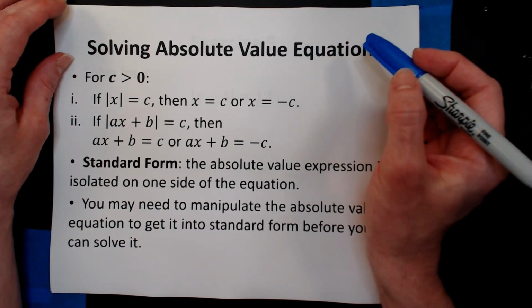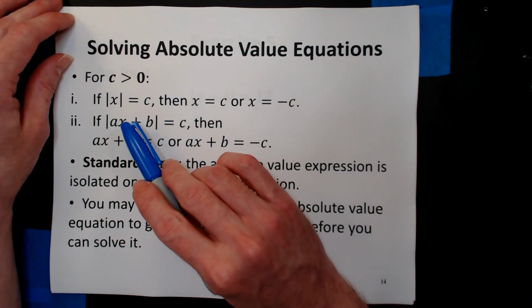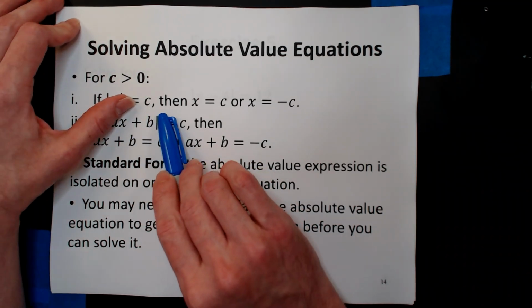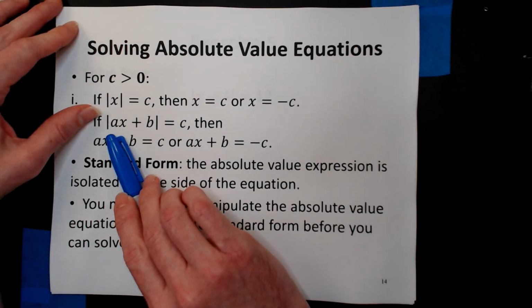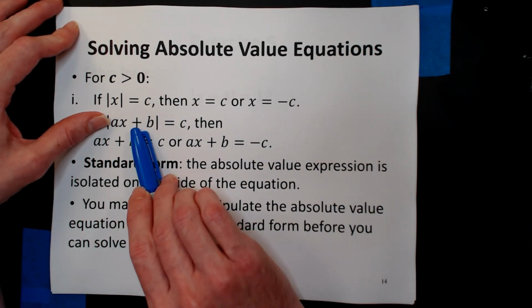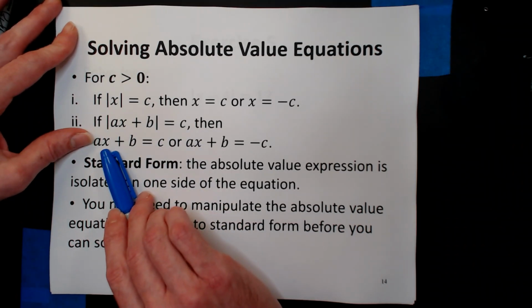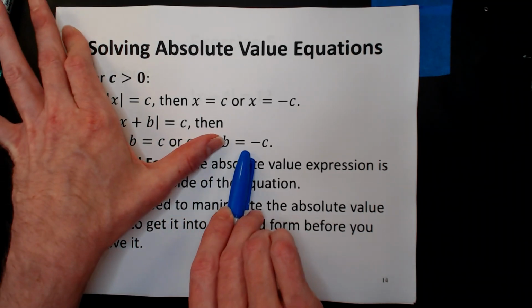Solving absolute value equations for when c is greater than 0: if the absolute value of x is equal to c, then x equals c or x equals negative c. If the absolute value of an expression, in this case ax plus b, equals c, then ax plus b equals c, or ax plus b equals negative c.